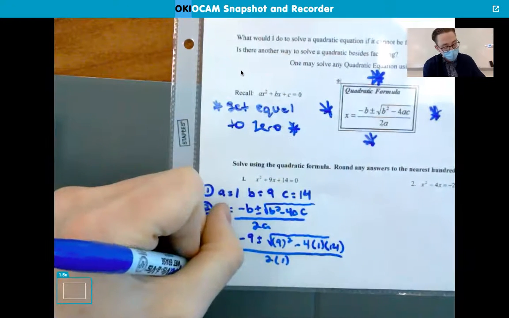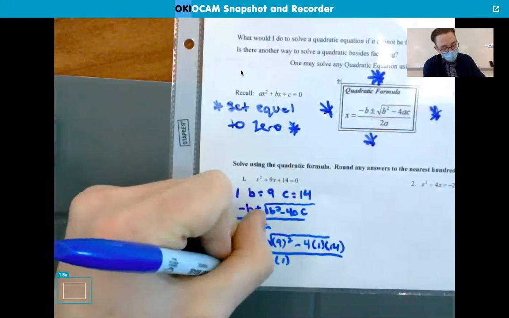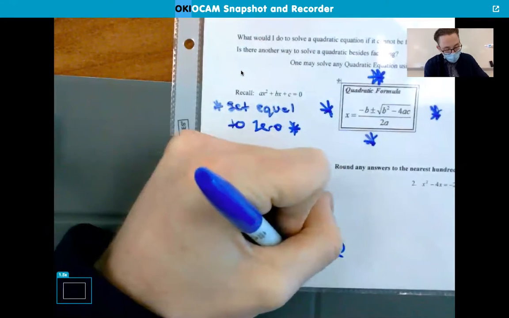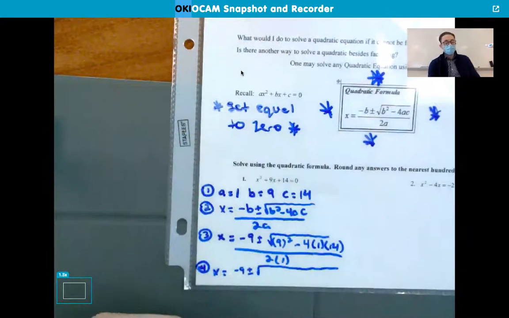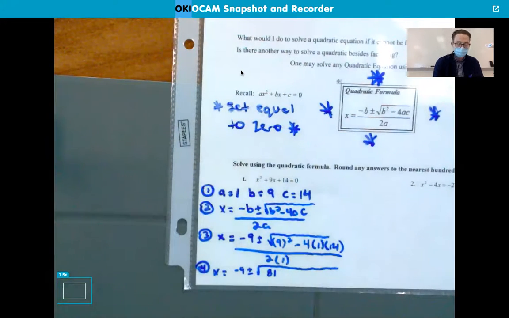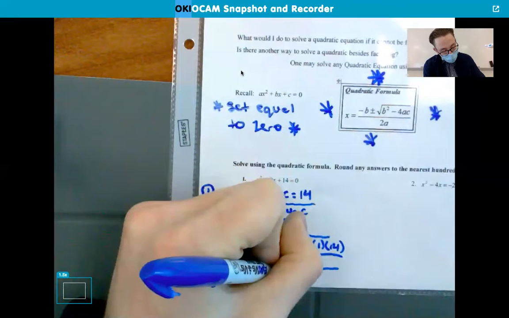So I have x equals negative 9 plus or minus. Inside my square root, 9 squared is going to give me 81. Negative 4 times 1 is negative 4. Times 14 is negative 56.